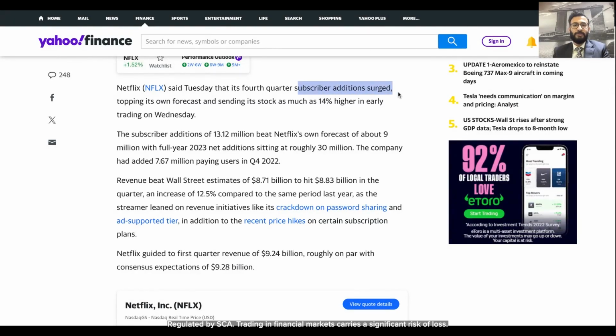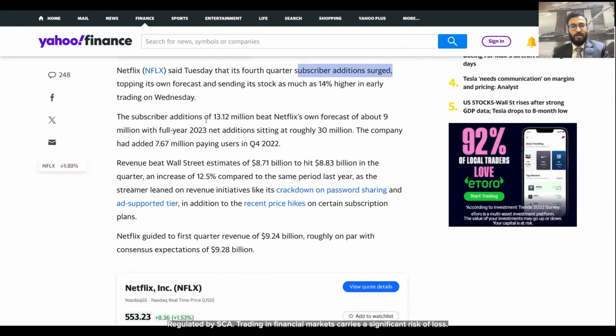So the first thing I can see is that the Netflix subscribers in the fourth quarter have increased in the last 3 months. Their forecast was subscriber addition of 13 million, and Netflix's own forecast was 9 million, right? With full year 2023 net additions at roughly 30 million subscribers. So the company has added 7.5 million paying users in Q4.